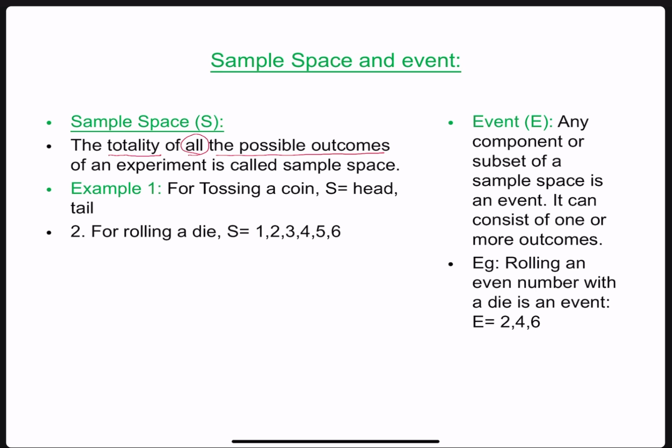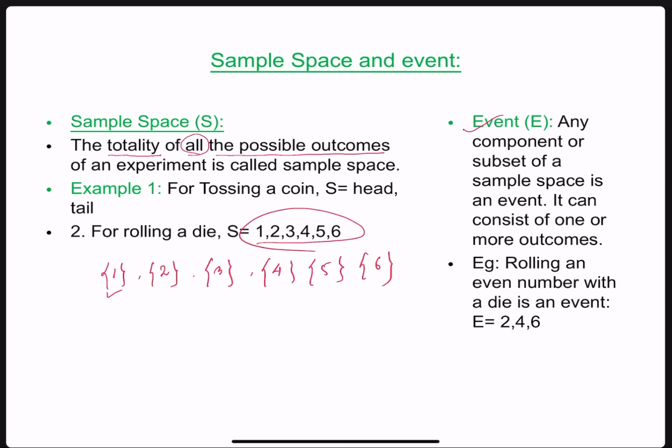Now let us talk about event. What is an event? Any component or subset of the sample space is an event. Any component means, let's take an example of rolling a die. When you roll a die once, you will get either 1, or 2, or 3, or 4, or 5, or 6. So each component, either 1 or 2, is called an event.